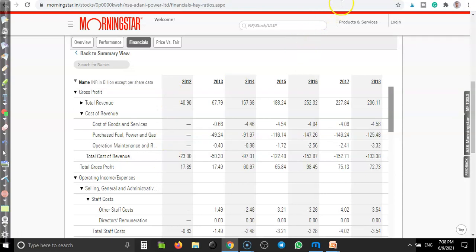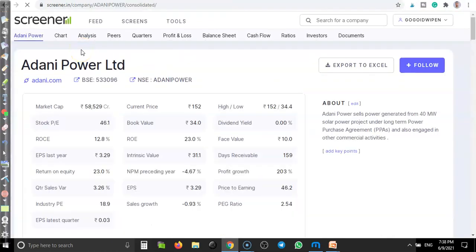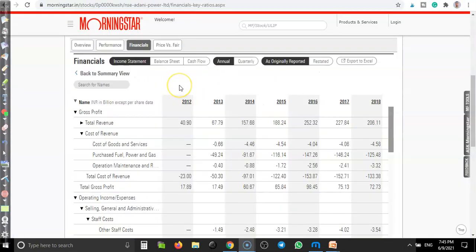And another one here, you can see this is called Scanner. So I think you people are using this website. All right, so let's see one by one. So I'm using Morningstar. You can use Yahoo Finance also.